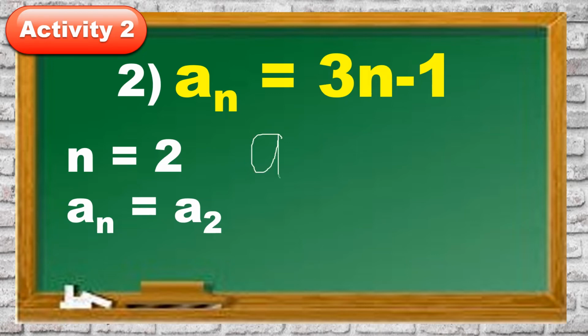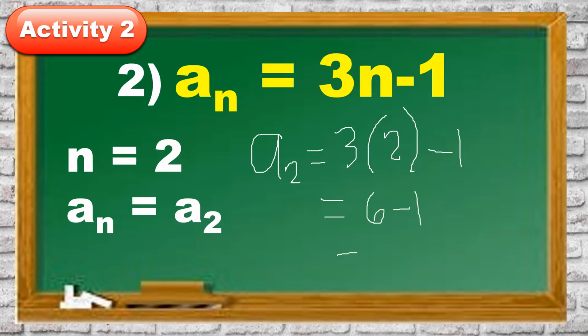So we have a sub 2 equals 3, and then replace the value of n into 2 minus 1. So, the second term is 3 times 2 is 6 minus 1. Therefore, we have the second term is equal to 5.